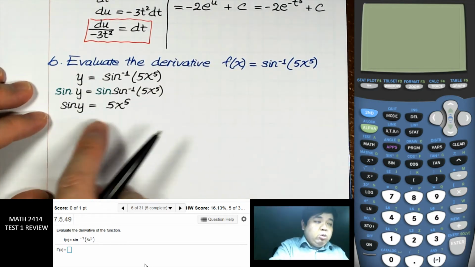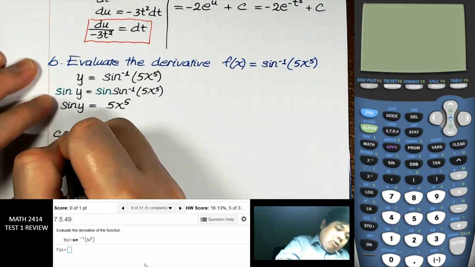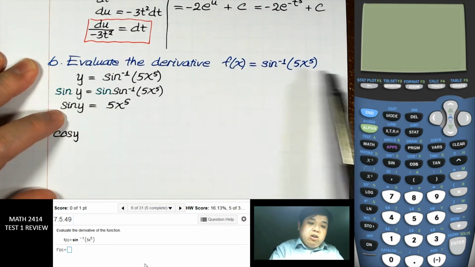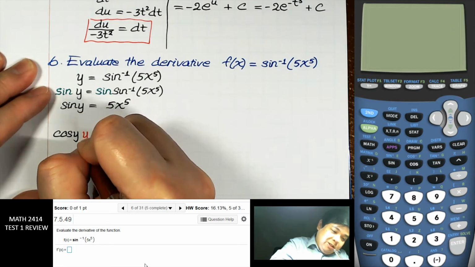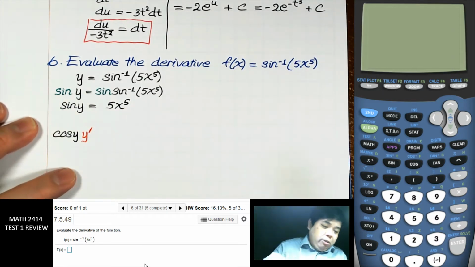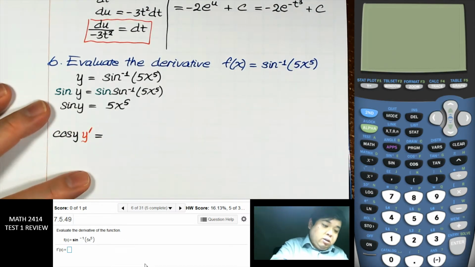What we do now is we will take the derivative on both sides. Derivative of sine y is cosine of y, but because y is a function of x, we have to have the y prime. So that is the chain rule, or more specifically implicit differentiation.